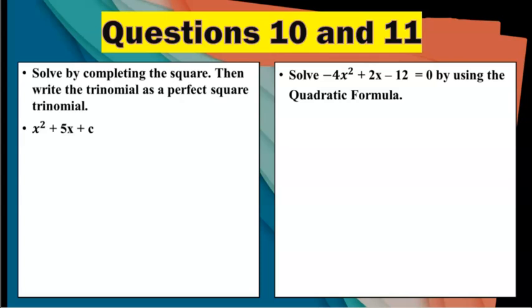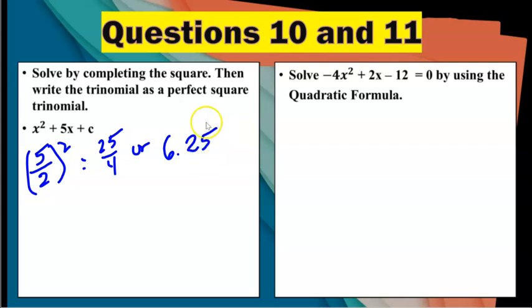Question 10. Solve by completing the square and then write the trinomial as a perfect square trinomial. So to complete the square, I take my b, which is 5, divide it in half, and square it. That, as a fraction, would give you 25/4, or if you were to put it as a decimal, that would be 6.25.